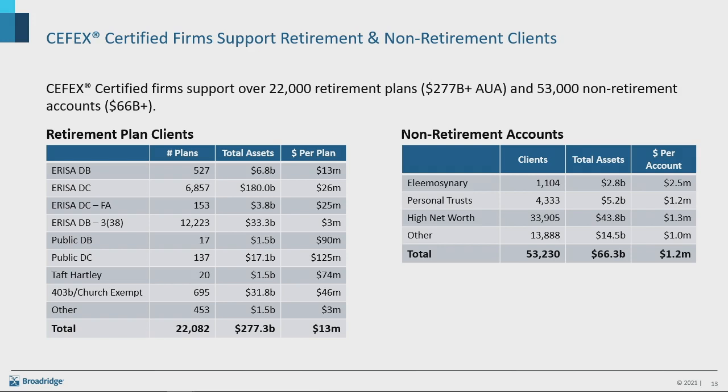On the non-retirement accounts side, you can see eleemosynary accounts, endowments, foundations, private trust, net worth accounts, roughly 53,000 accounts representing 66 billion in assets under advisement, and an average client size of 1.2 million.